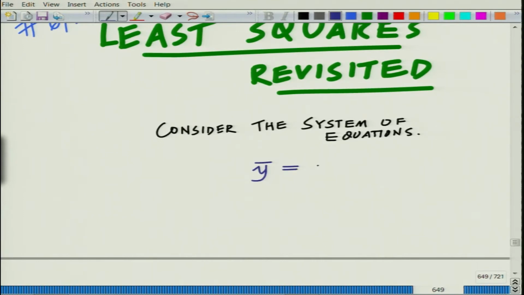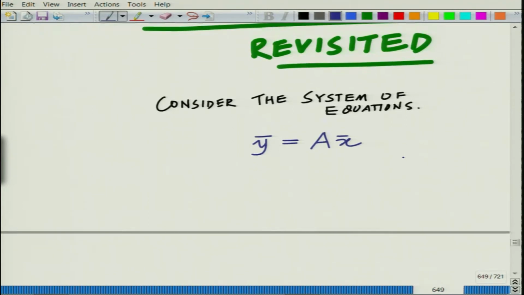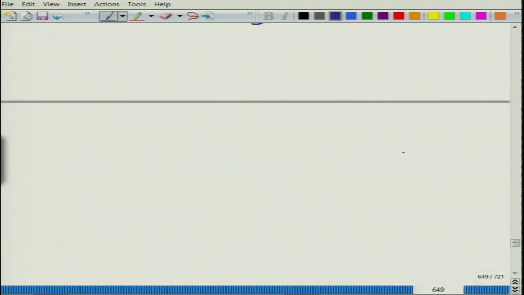y bar equal to A x bar, which if you look at it essentially I can write as follows.